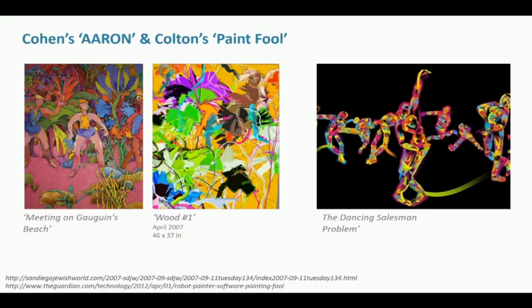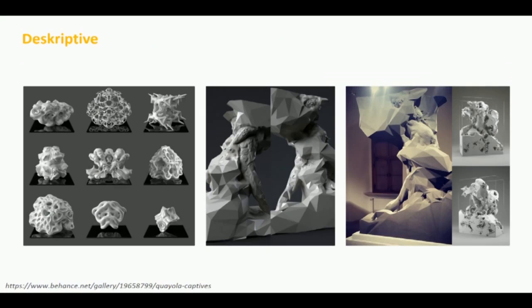It's kind of the same idea. In sculpture, you might have seen some of these: you have a certain form, and then the algorithm creates these forms, in this case in 3D, so pretty interesting. Well, you may disagree, but sculptures.